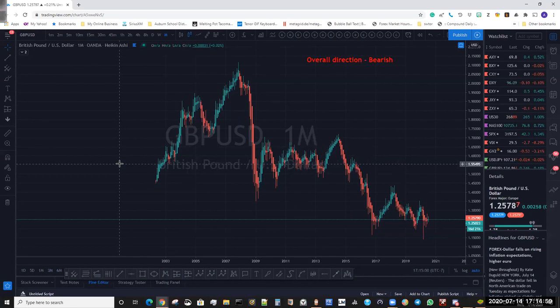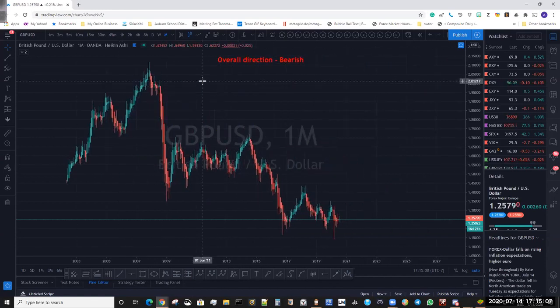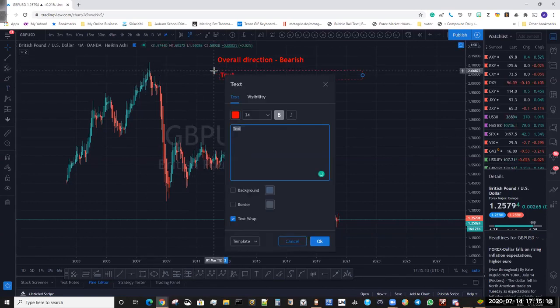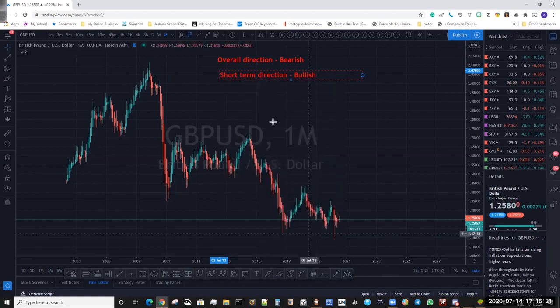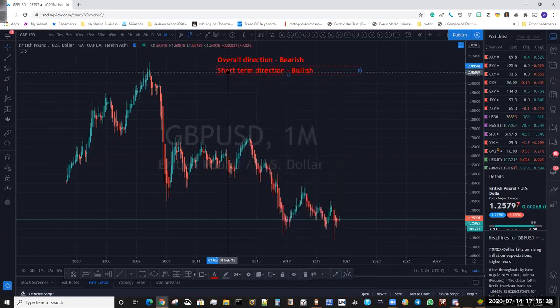Short-term direction is at the end of the chart or at the beginning of the chart? The end. Okay, so let's get into this. Short-term direction. Bullish. Yes, we had one at the beginning.